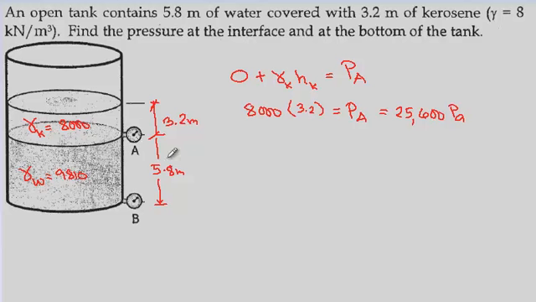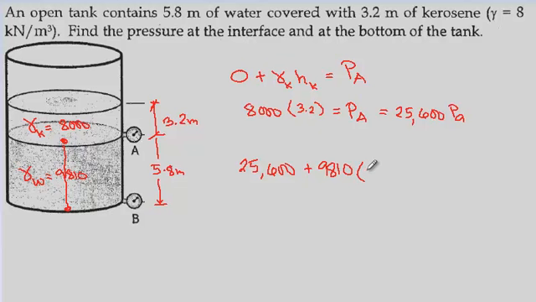We start with PA, which we know is 25,600. Meaning this is where we start from, this point. We go deeper, it will increase by gamma. But of course, the fluid here is water. So that will be gamma of water, which is in our case 9810 times the depth. How much do you go deeper?